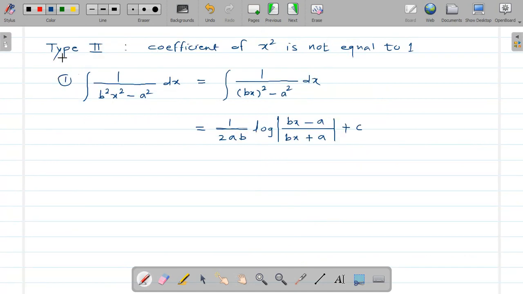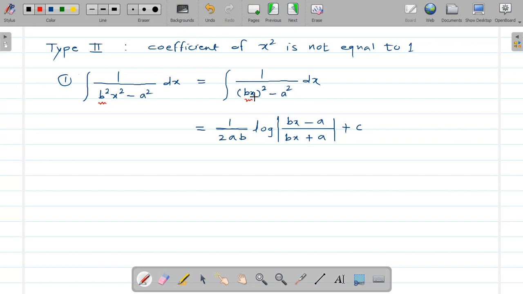So as per the type number 2, that is, if the coefficient of x square is not equal to 1, then we get the result as, see here, integration 1 upon b square x square minus a square dx. Here the coefficient of x square is b square other than 1. Then how will you express that? We can express it as 1 upon (bx) bracket square minus a square.